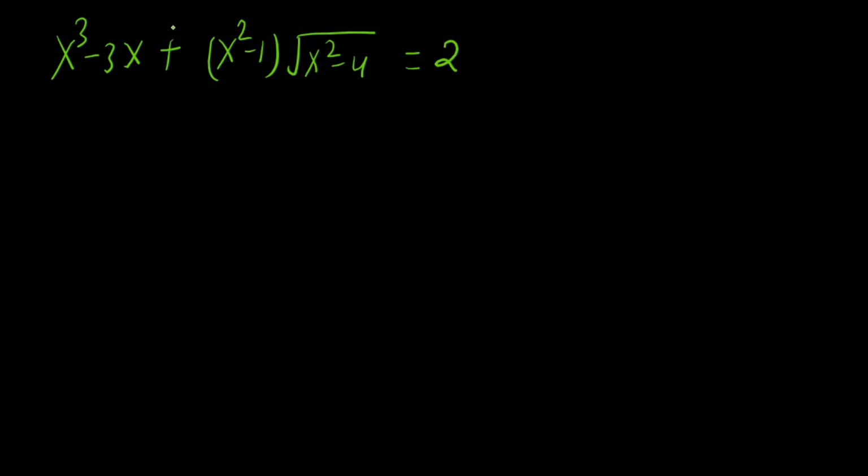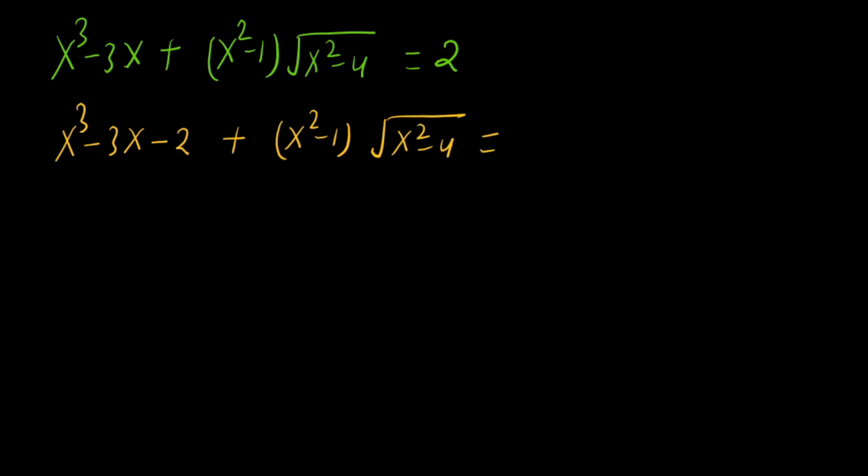Now if we take all the expressions to the same side, then x³ − 3x, and this 2 on the left-hand side becomes −2, plus (x² − 1) times √(x² − 4), equals 0. Look carefully at this expression only. This is a cubic equation. So x³ − 3x − 2.